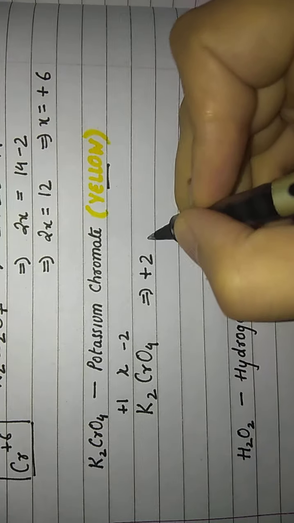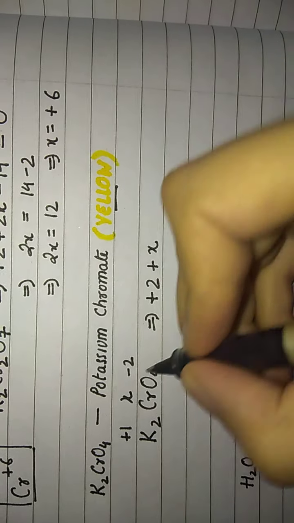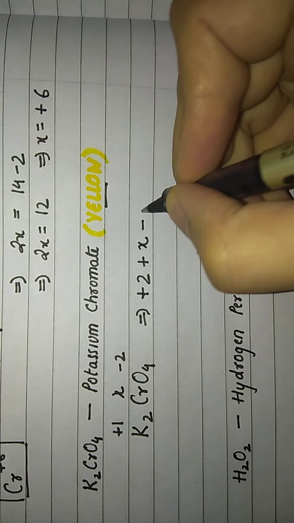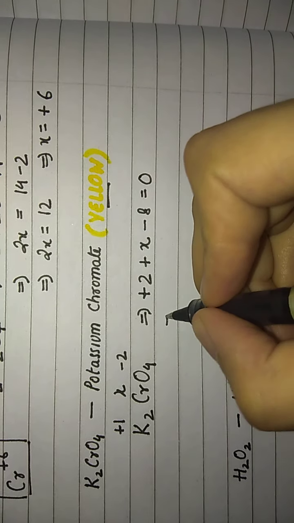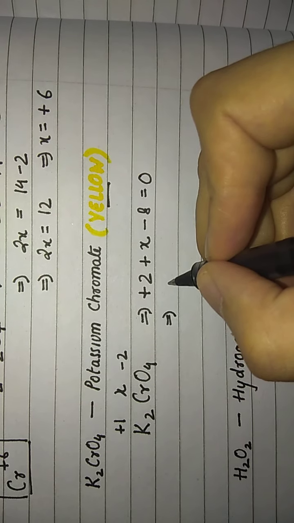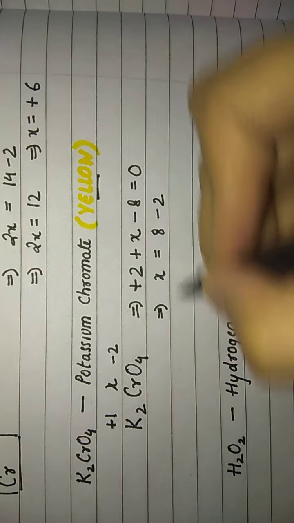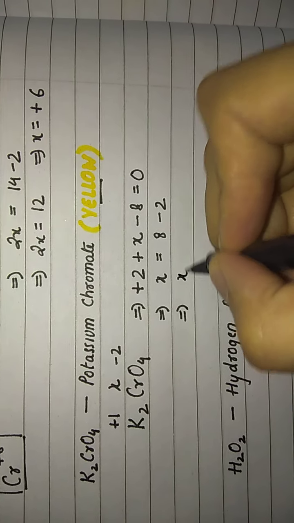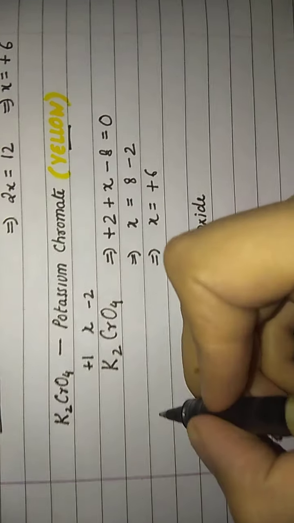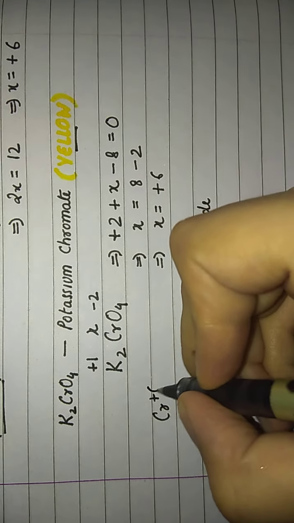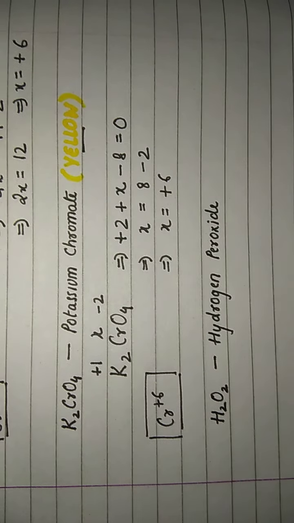Then there's only one chromium atom, so I write +X. Then -2 into 4, -8 is equal to 0. Again, an electrically neutral compound. So X will be 8 - 2, so X will be +6. So chromium exhibits a charge of +6 in potassium chromate as well.